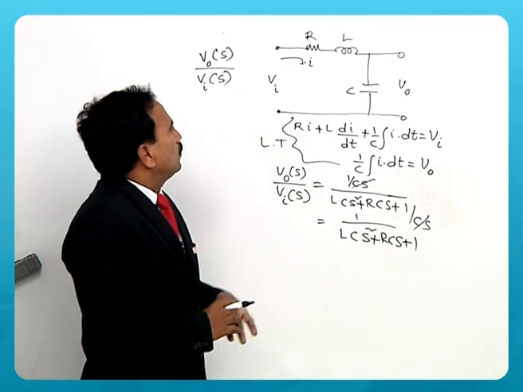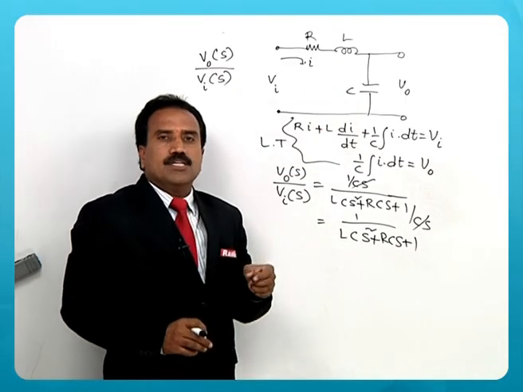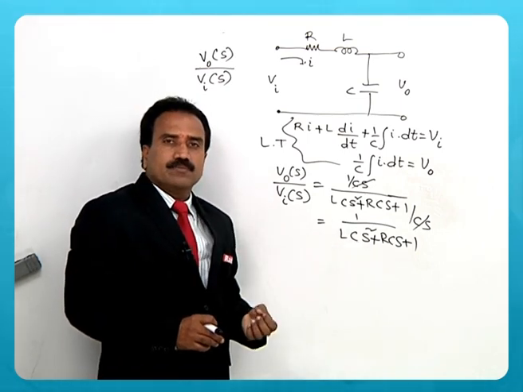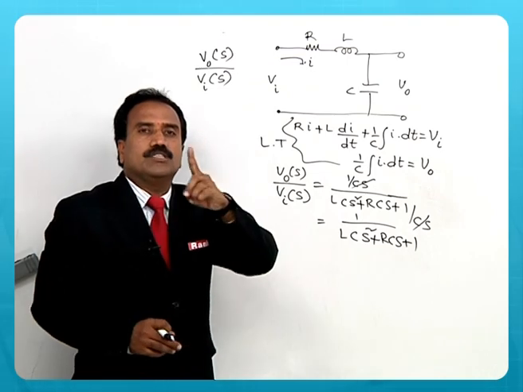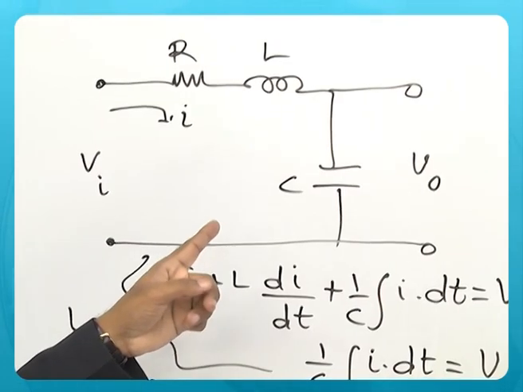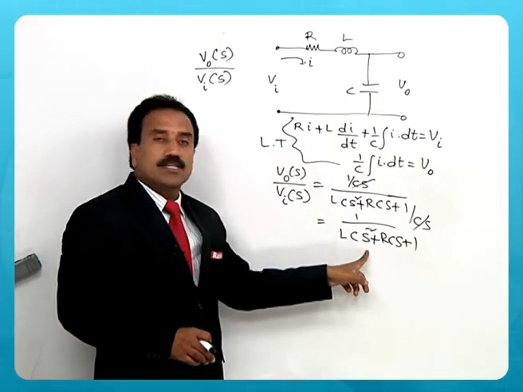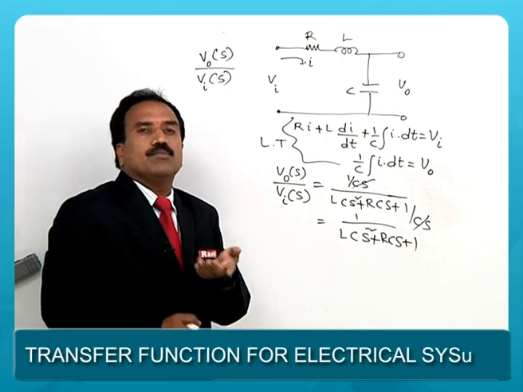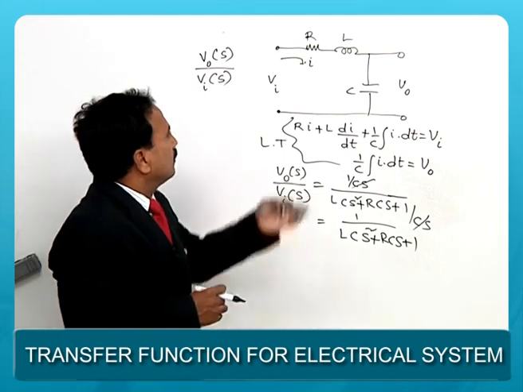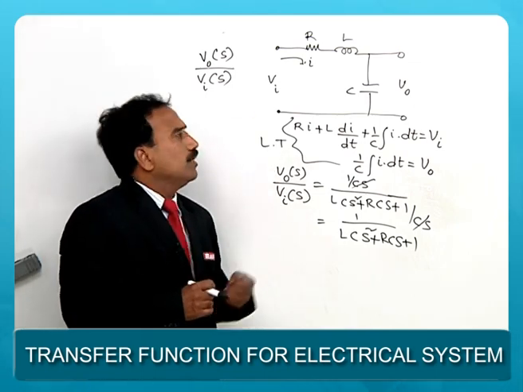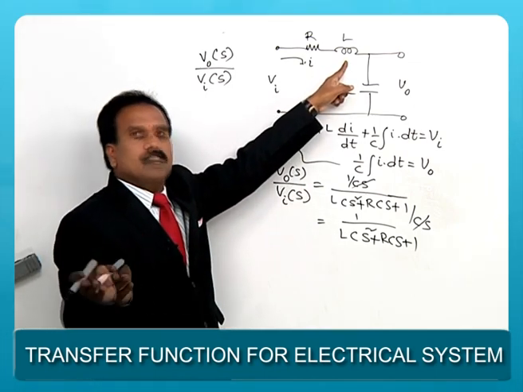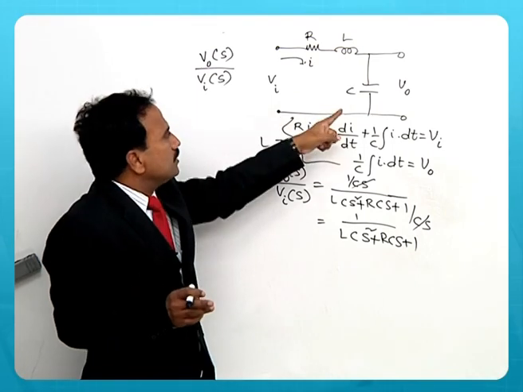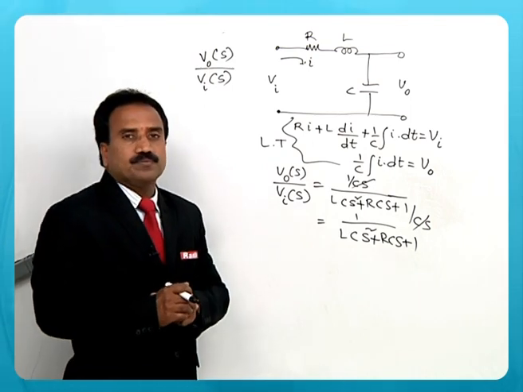Two energy storage components, please remember, make a second order system. If there is only one energy storage component, either inductor or capacitor, then it may be a first order system. So order is based on the number of energy storage components in the system. An RL or RC circuit is a first order system, and RLC is a second order system.